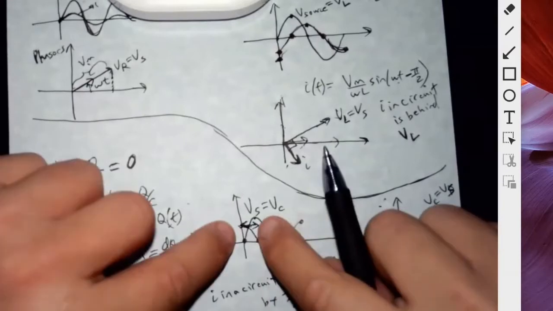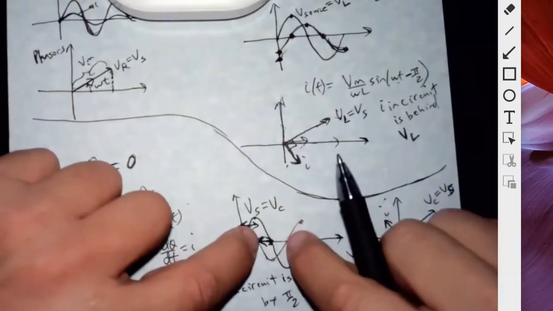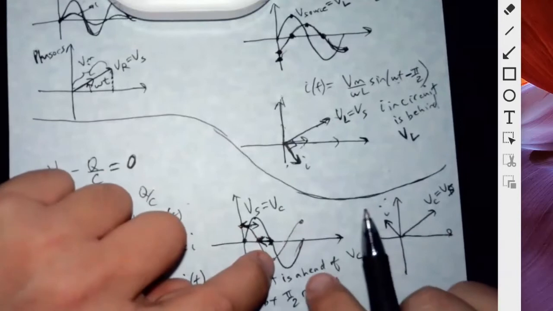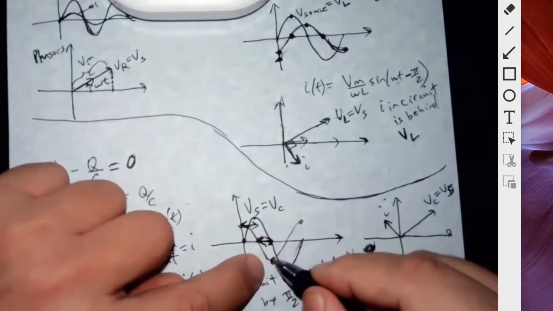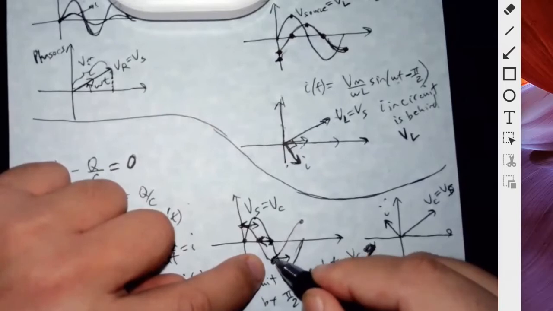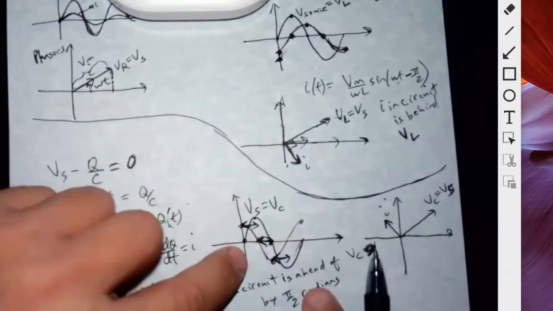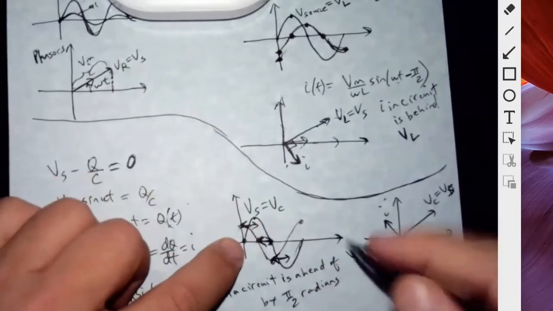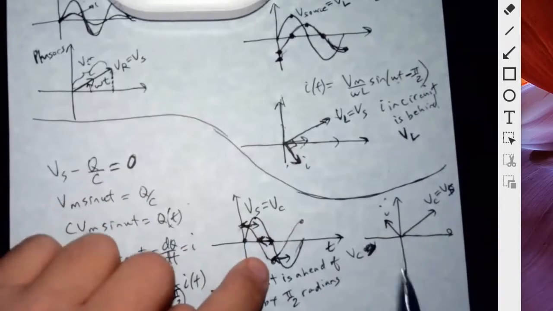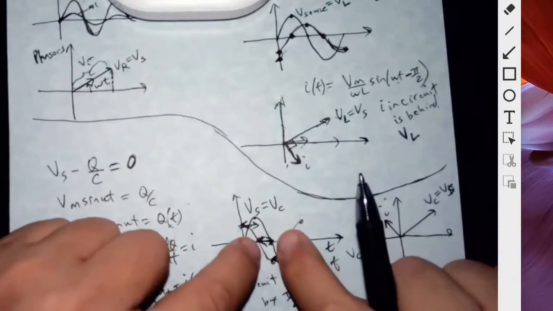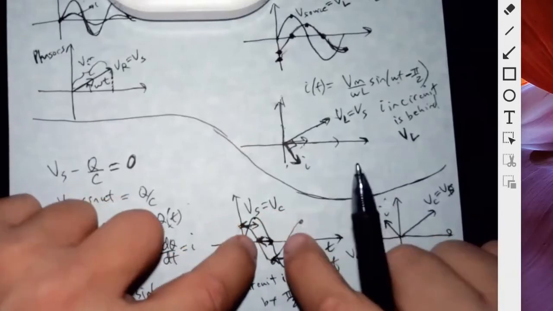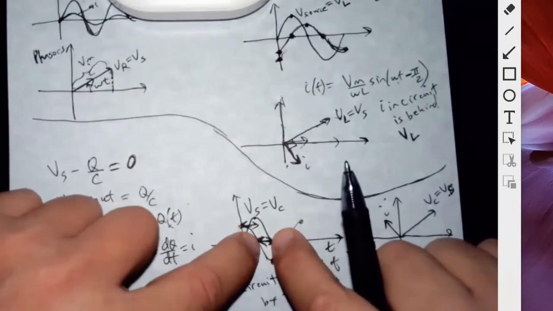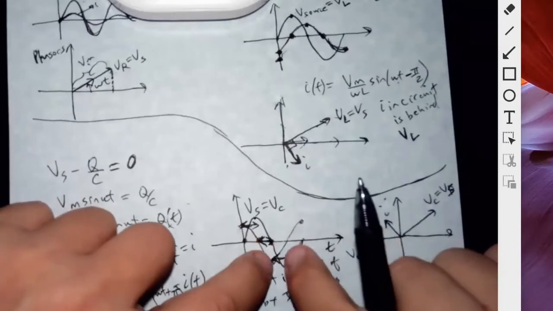So that difference should stay constant. You see, the delta T. This reaches minimum before that guy does. So you see this difference in the time, because we're plotting voltage of the source and the current as a function of time. So that's the difference in time when they are reaching the same condition, either max or 0 or min.